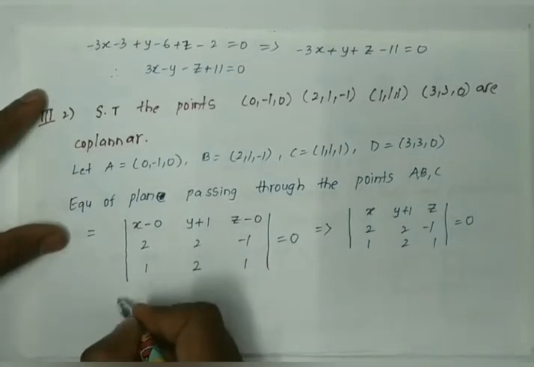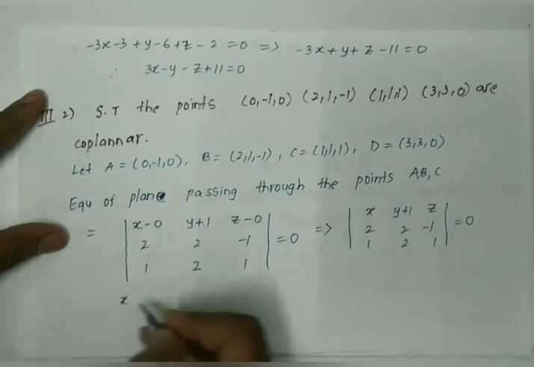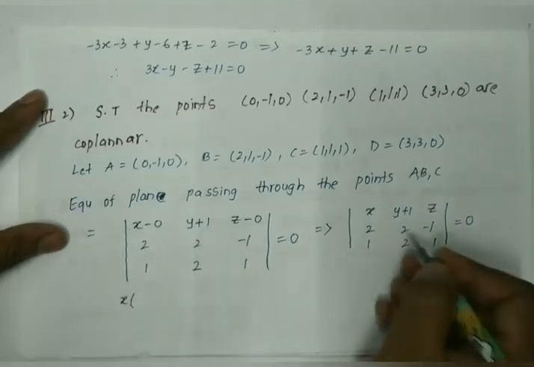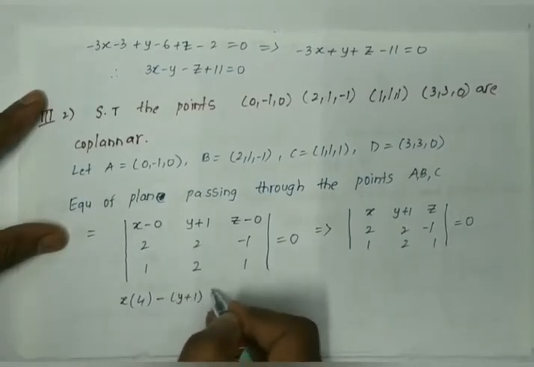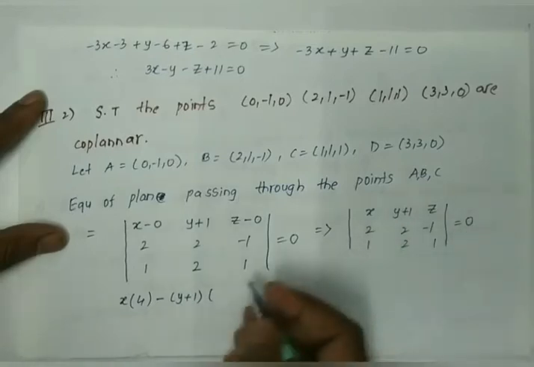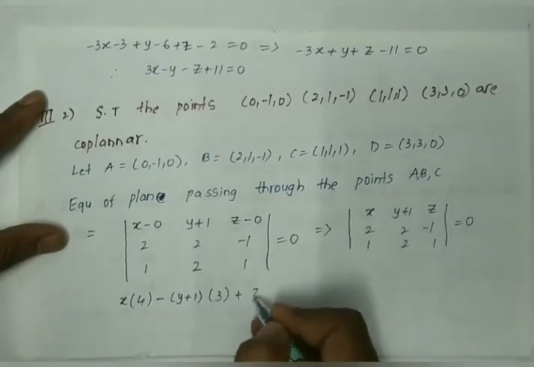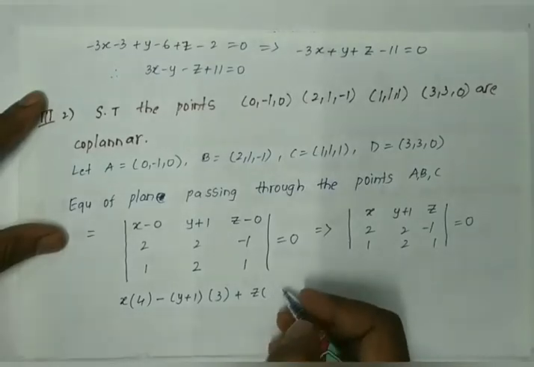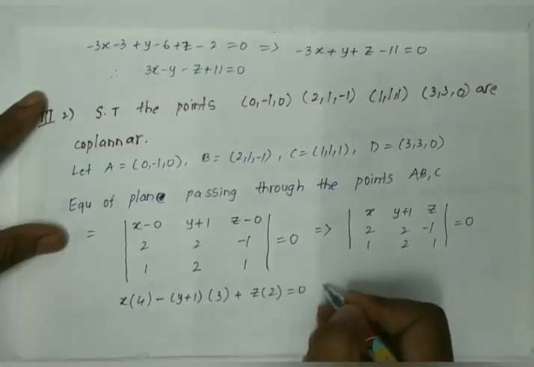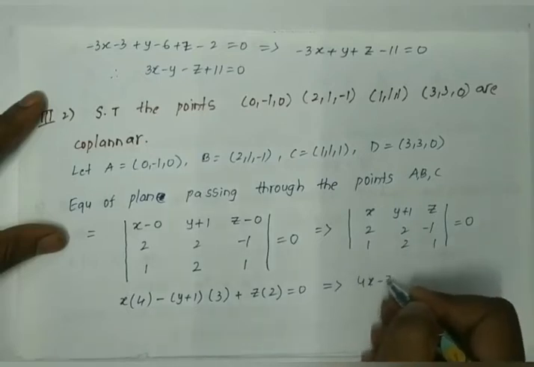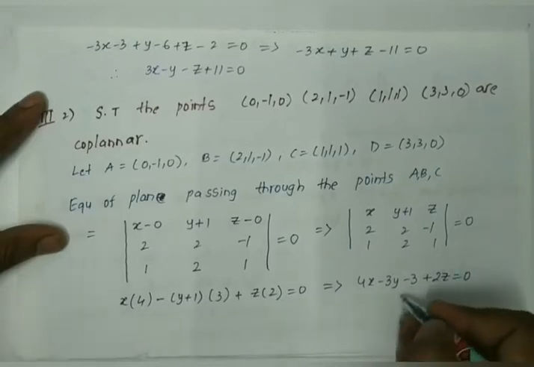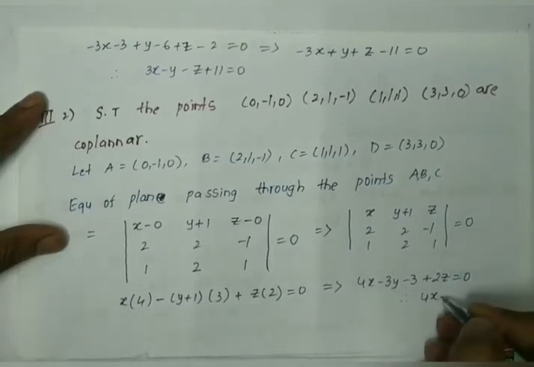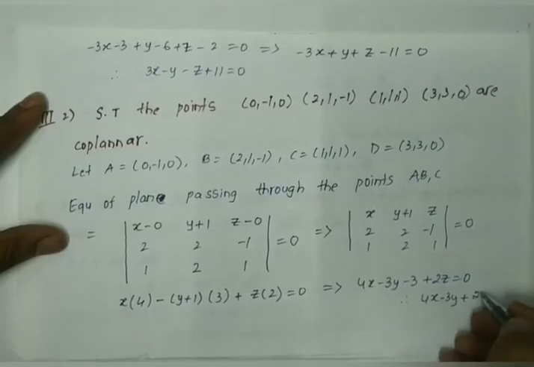So here x into 2 plus 2, which is 4, minus of y plus 1 of 2 plus 1, which is 3, plus z of 4 minus 2, which is 2, is equal to 0, which implies 4x minus 3y minus 3 plus 2z is equal to 0. So this is 4x minus 3y plus 2z minus 3 is equal to 0.